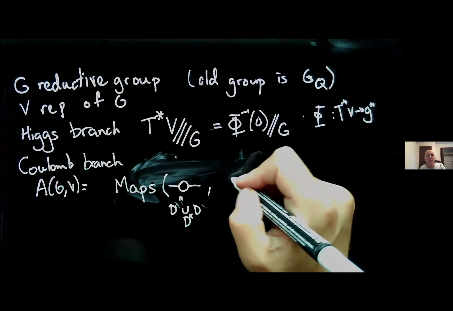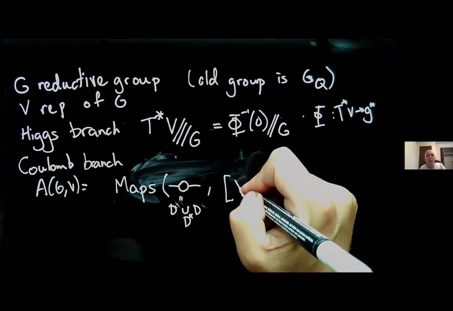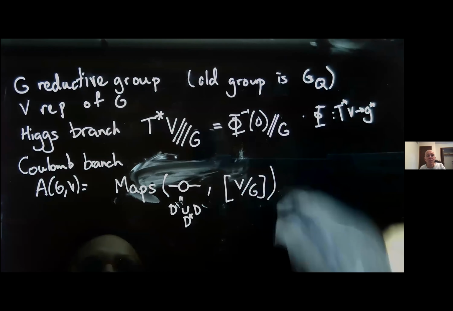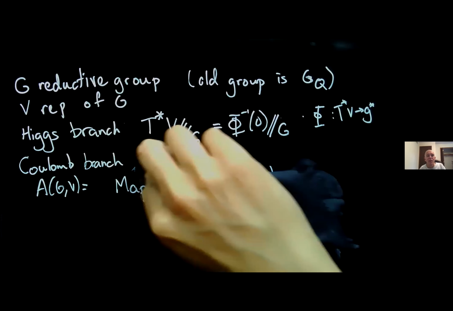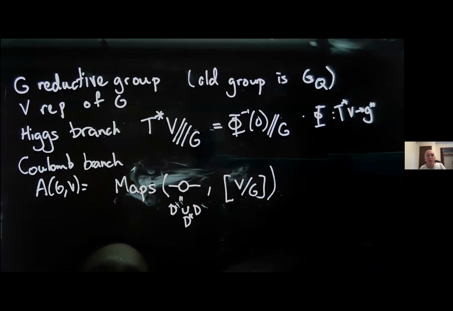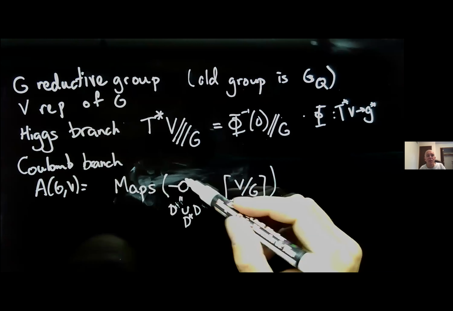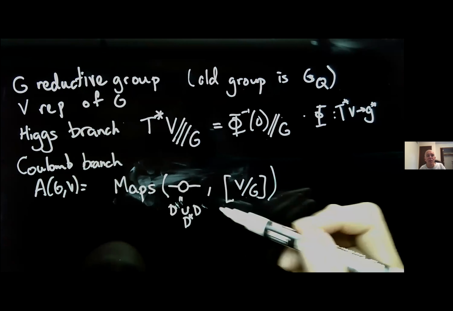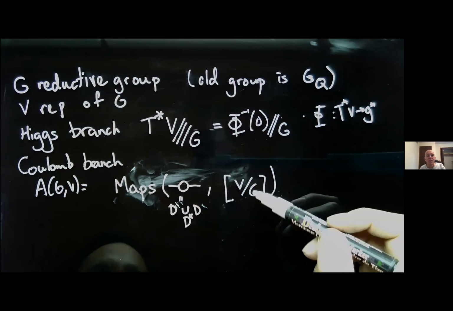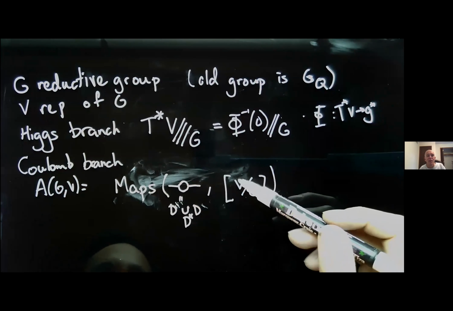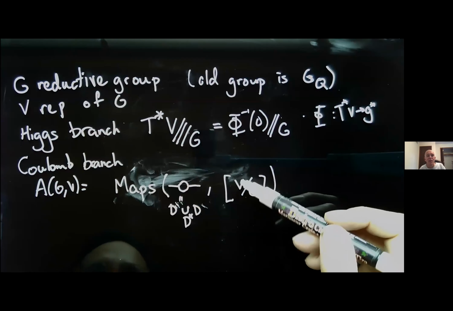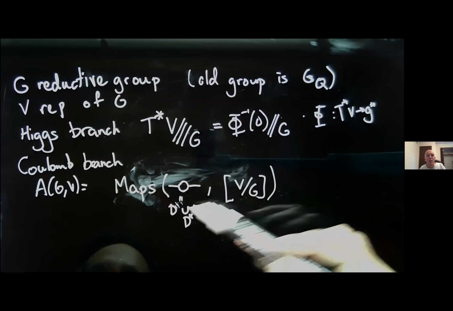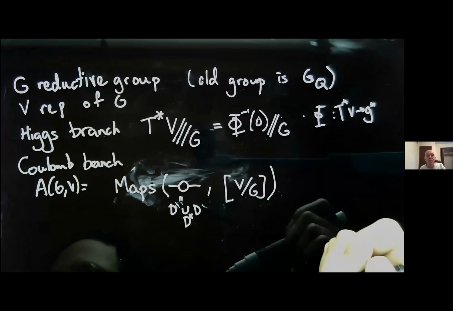What does the space of maps really mean? It means I have a pair consisting of a principal G bundle on this non-reduced curve, which means basically just 2 principal G bundles on the disk glued together on the punctured disk. That's the G part. And then in addition to this principal G bundle, I have a section of the associated V bundle. That's what a map consists of.